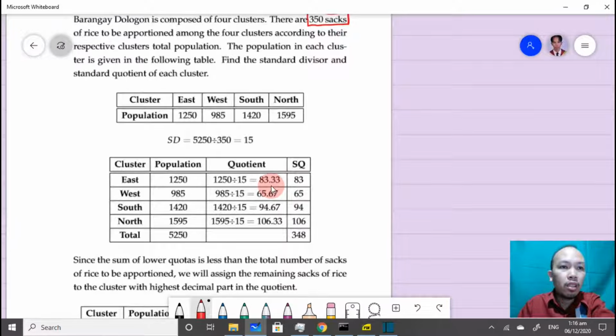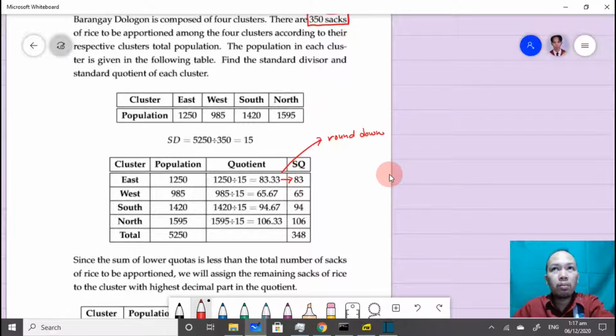In getting the value of the standard quotient, what you are going to do is use round down. Not round off, not round up.